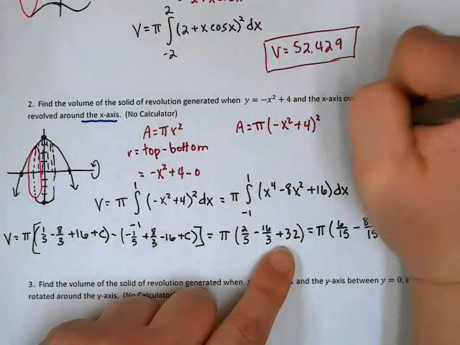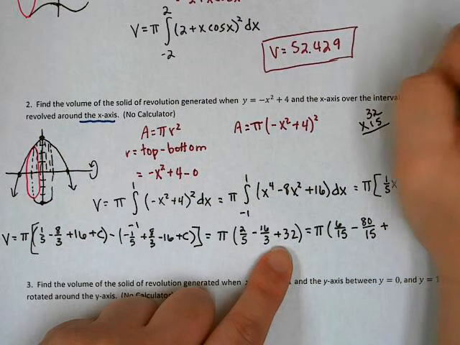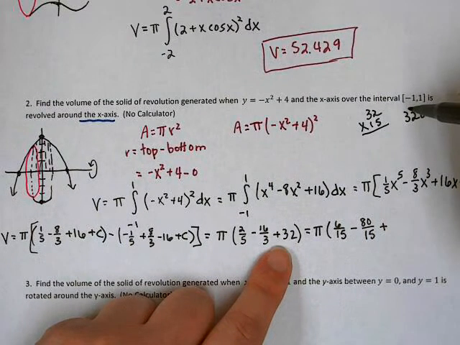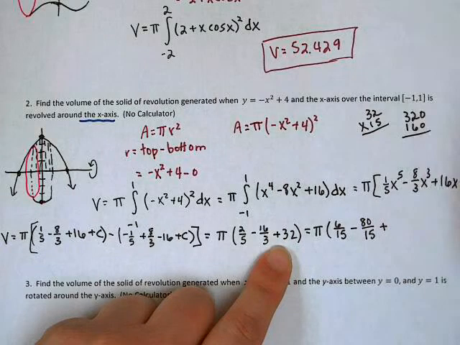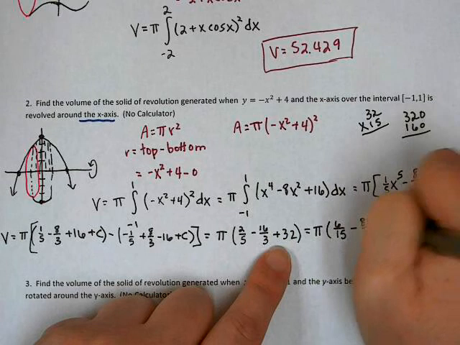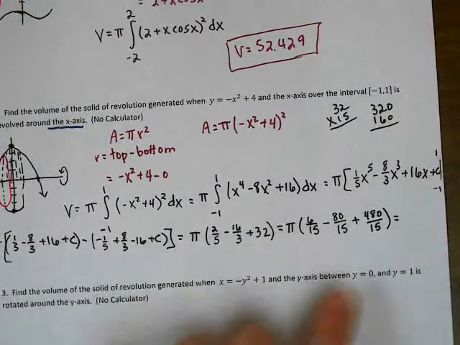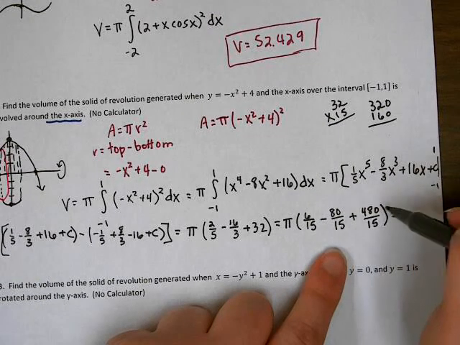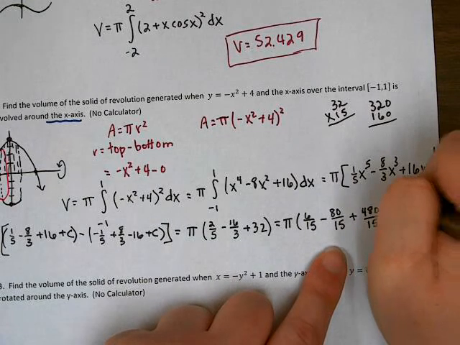Well, let's think about it. 32 times 10 is going to be 320. 32 times 5 is going to give me 160. And if I add those, I should get 480 over 15. Okay, let's keep going. So 6 over 15 minus 80 over 15 plus 480 over 15, that gives me 406 over 15.